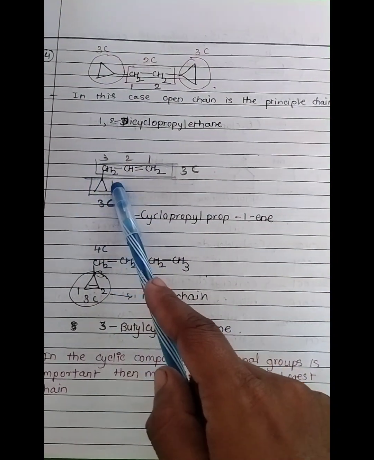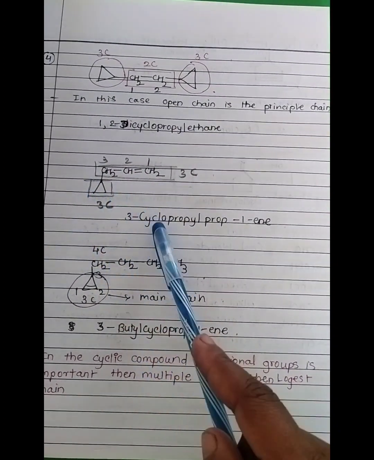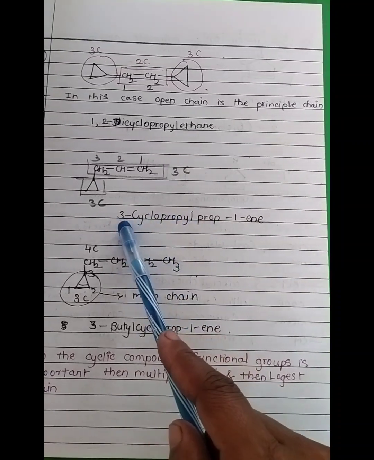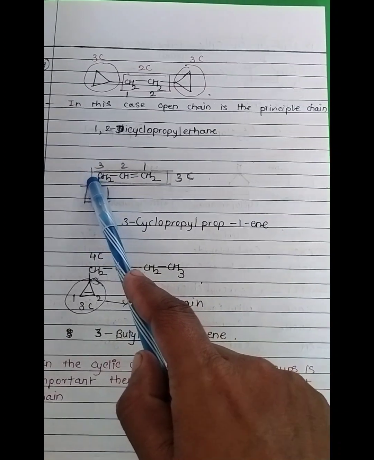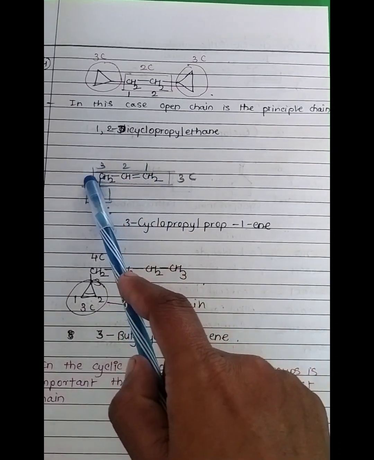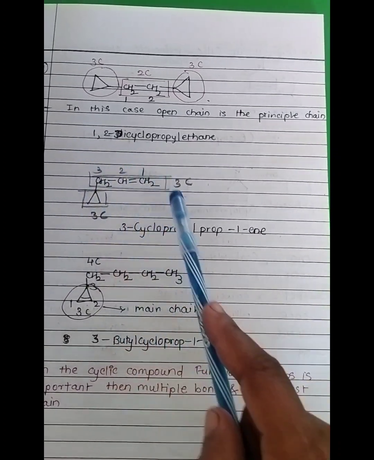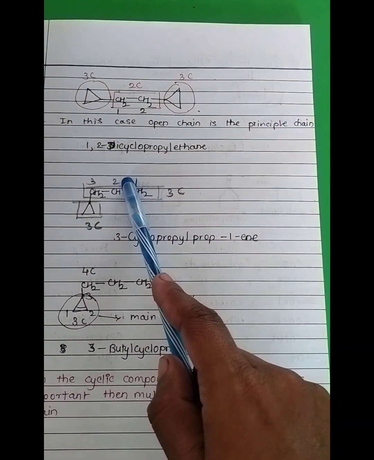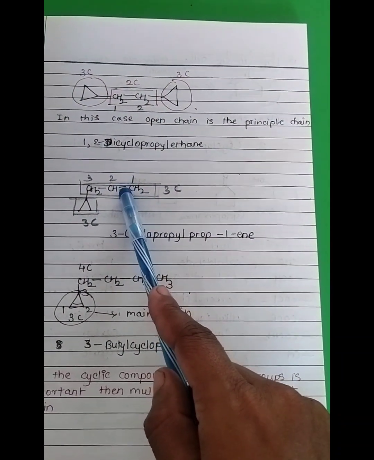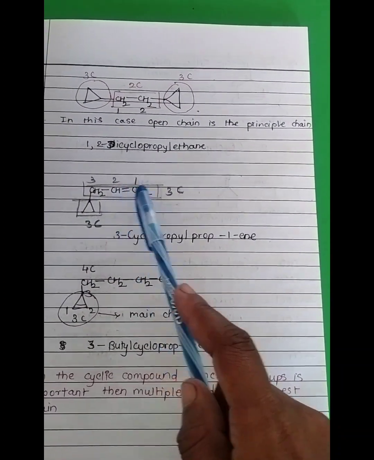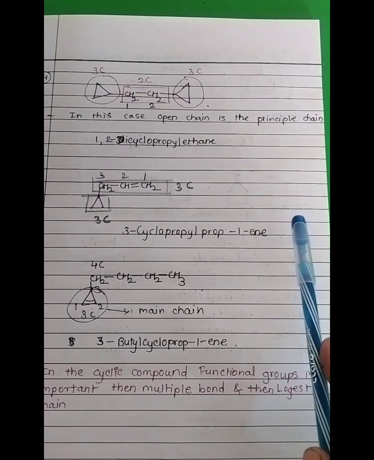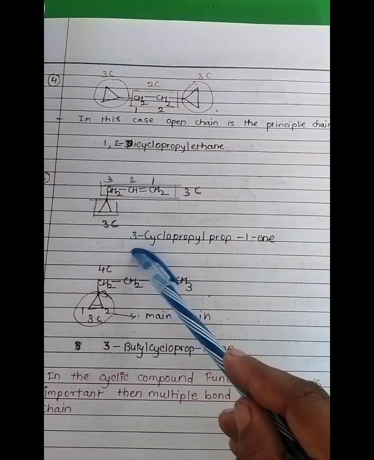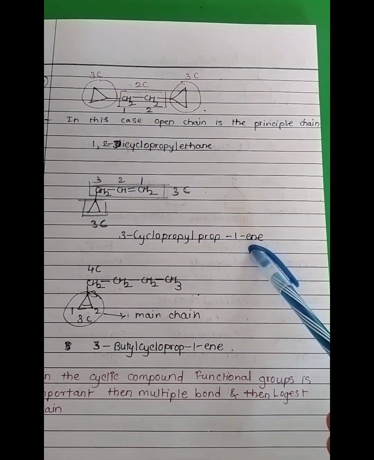There are 3 carbons in the cyclic substituent or side chain, so 3 cyclopropyl, and in the main chain there are 3 carbons, so we write prop. The first carbon is attached to the double bond, so we write 1 ENE. So the overall name is 3 cyclopropyl prop 1 ENE.